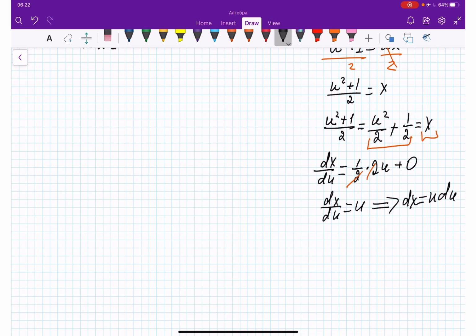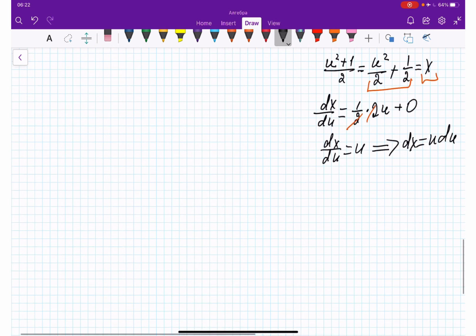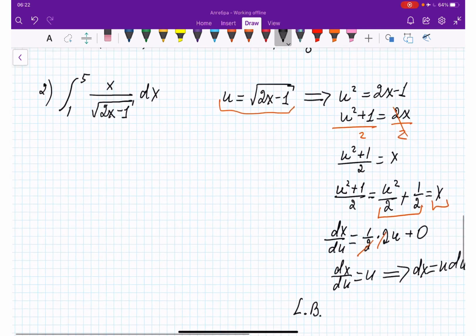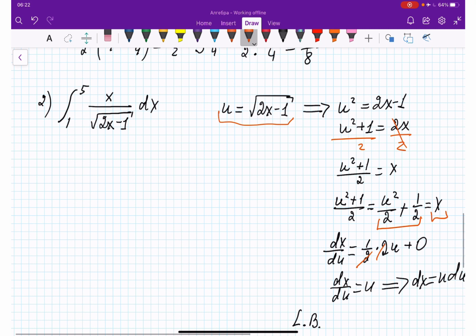Okay, so now let's go to identifying the limits for u. For the low boundary, how much do we have here? 1 and 5, right?